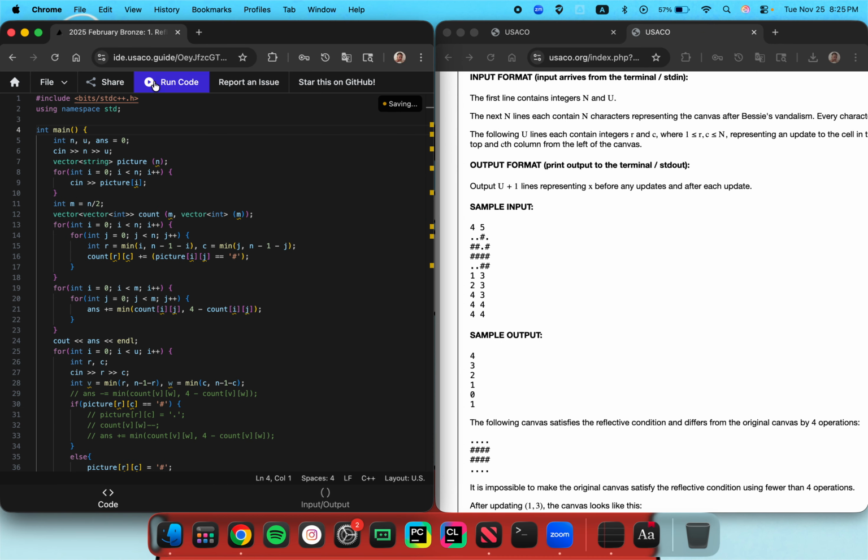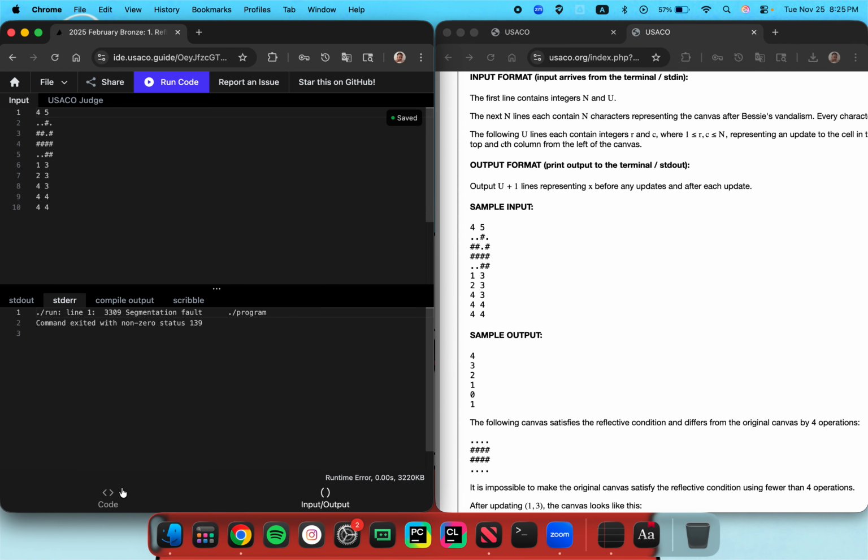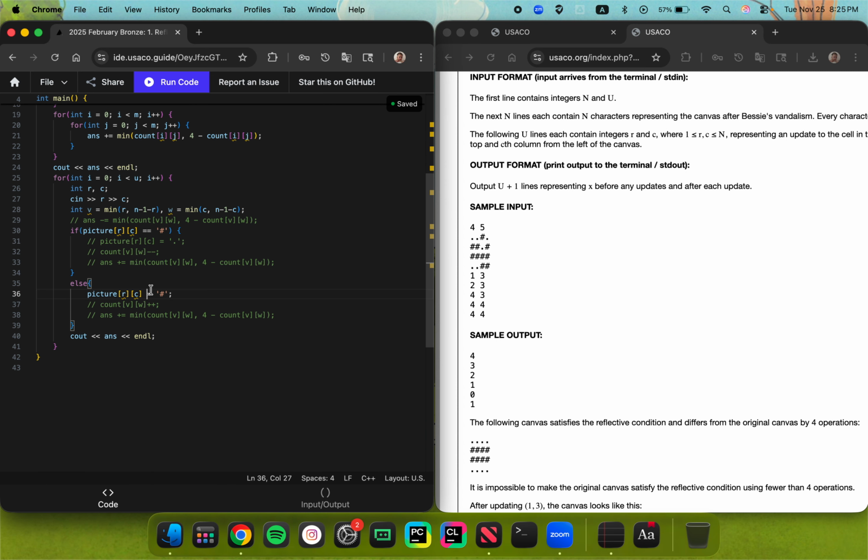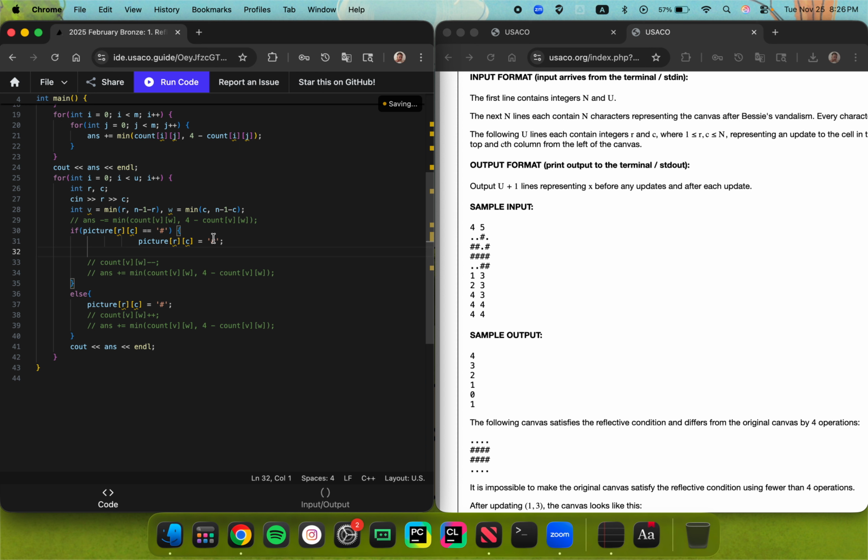How is that the line that made it work? Why does this one not have it? Picture r c is equal to a dot. What? How?